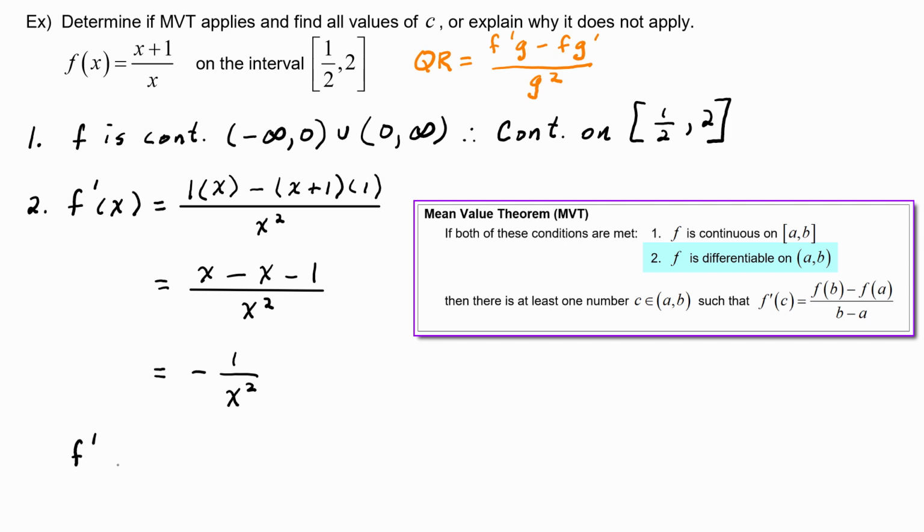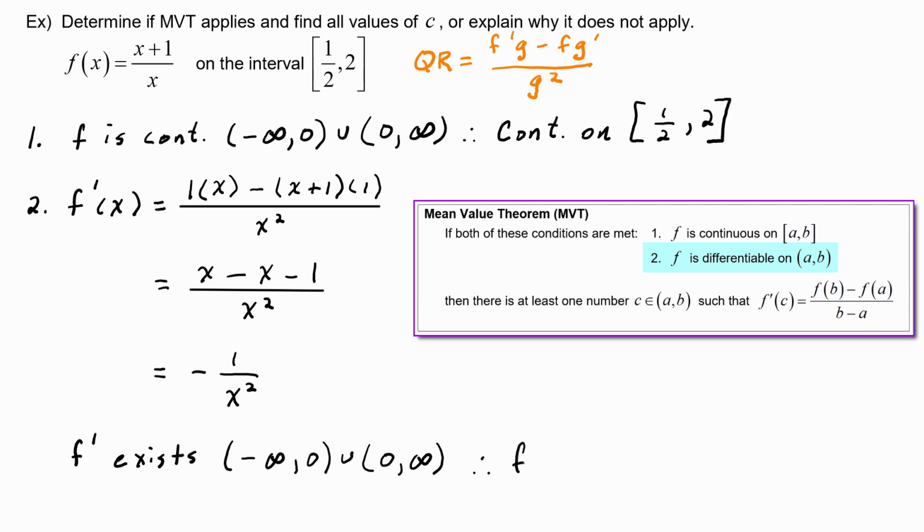f prime exists on negative infinity to 0, union 0 to infinity, because the only place f prime doesn't exist is when the denominator is 0, which is at x equals 0.